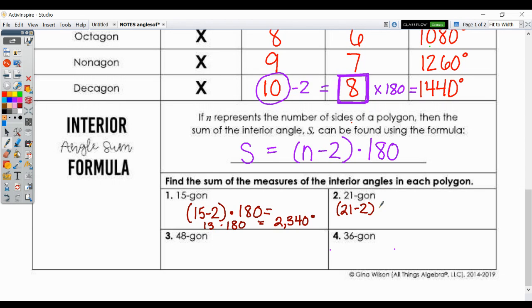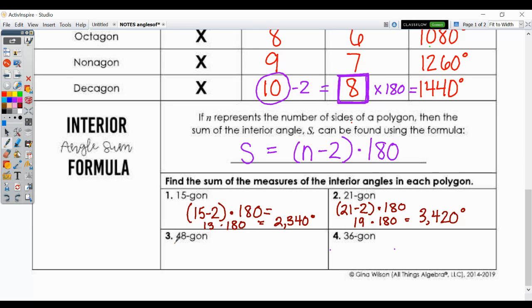Okay, for a 21-gon, you're going to take 21, because that's how many sides it has, and subtract 2. And then you're going to multiply that times 180. Well, 21 minus 2 is 19. So 19 times 180 is going to give you 3,420 degrees. All right, a 48-gon.